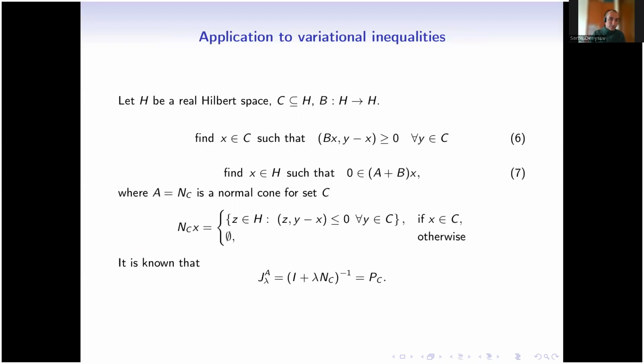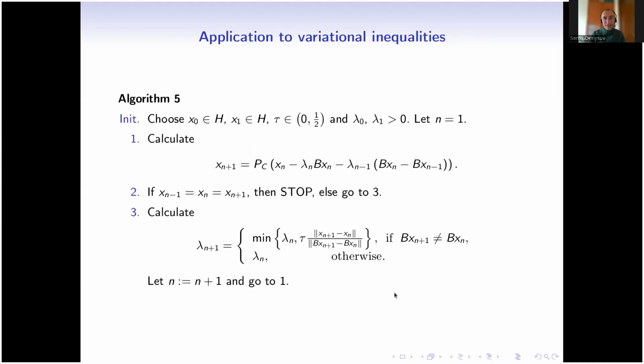And for variational inequality setting, which is useful because, again, a lot of problems can be formulated as variational inequalities, we can also formulate our algorithm. Resolvent becomes projection, as you see it here, and the algorithm becomes algorithm 5, which has quite a well-known form and was introduced in earlier works. Of course, all our results hold for such a variant also.